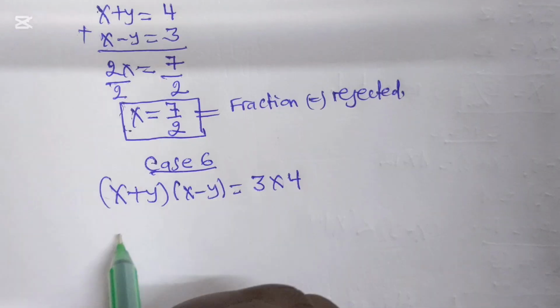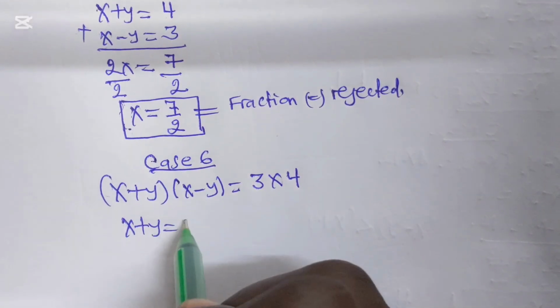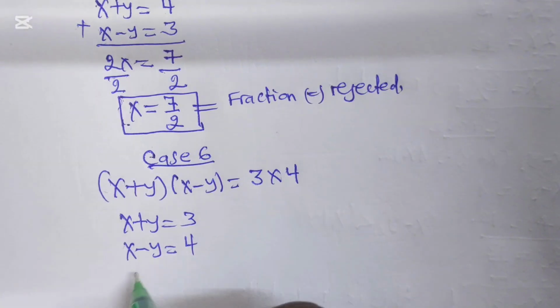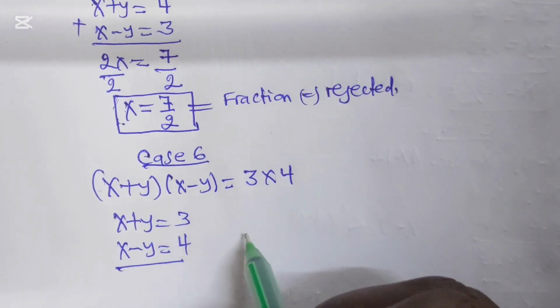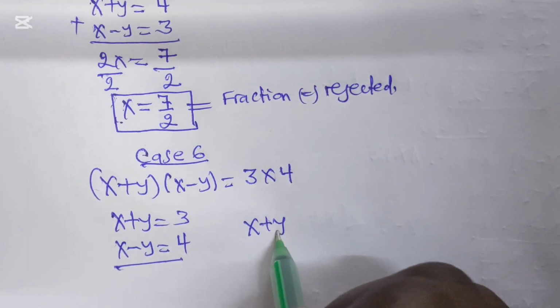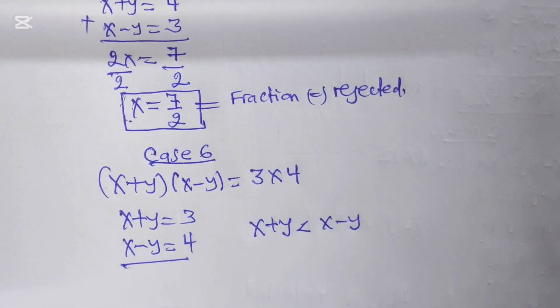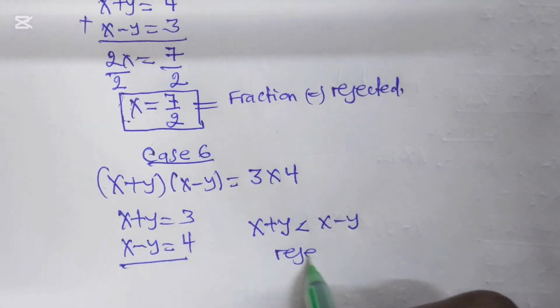Then x plus y equals 3 and x minus y equals 4. Here x plus y is less than x minus y, so this is rejected.